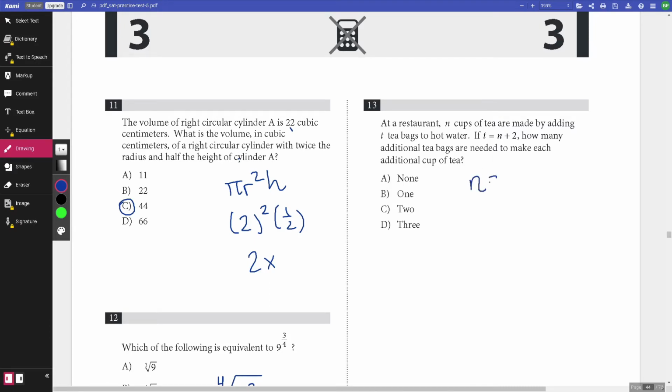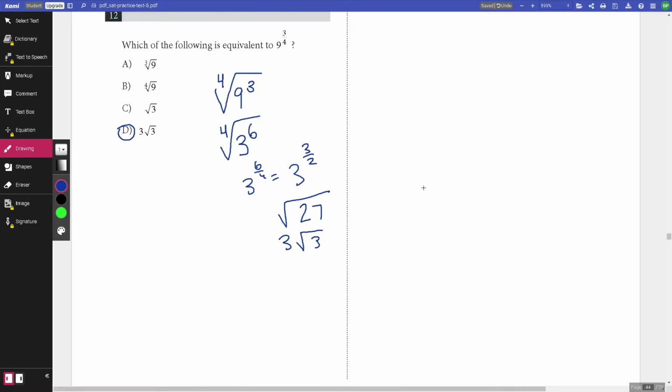So n is equal to t minus 2. So you can see that you need just one more, since if you increase this by 1, this increases by 1. So that's why it's 1.